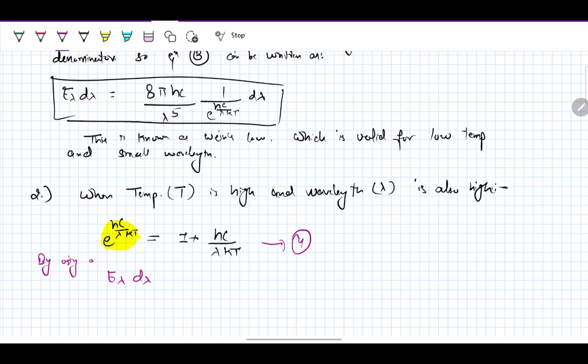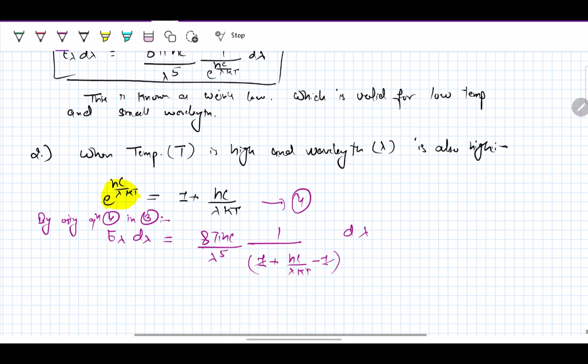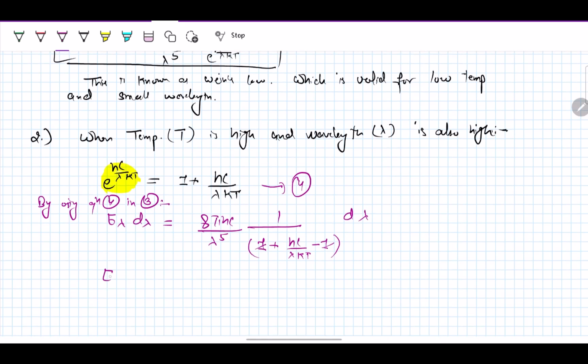E lambda d lambda is equal to 8 pi h c by lambda to the power 5, times 1 over 1 plus h c by lambda kT minus 1, and there is d lambda. So this minus 1 and plus 1 cancel out.